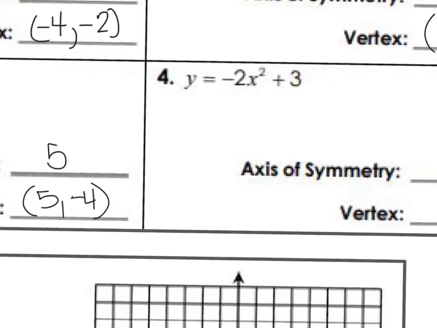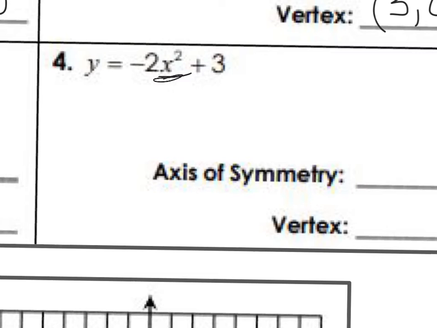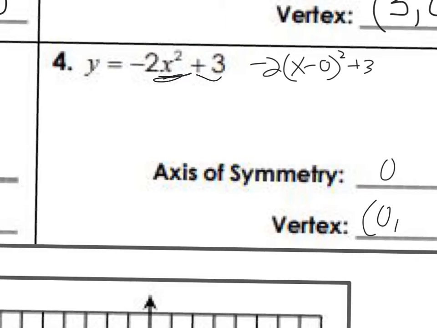And then this one, we don't have any parentheses, so it's the same thing as negative 2 times (x minus 0) squared plus 3. If there's no parentheses, it means our axis of symmetry is 0. So my vertex x-coordinate is 0, and then this is your y. It's positive 3.